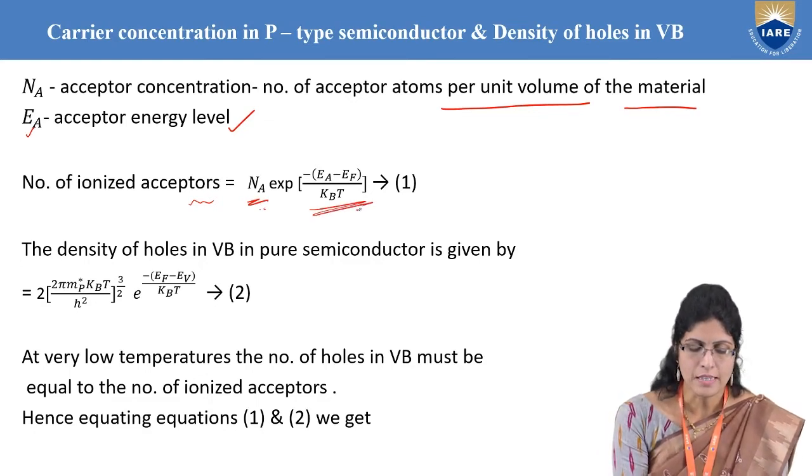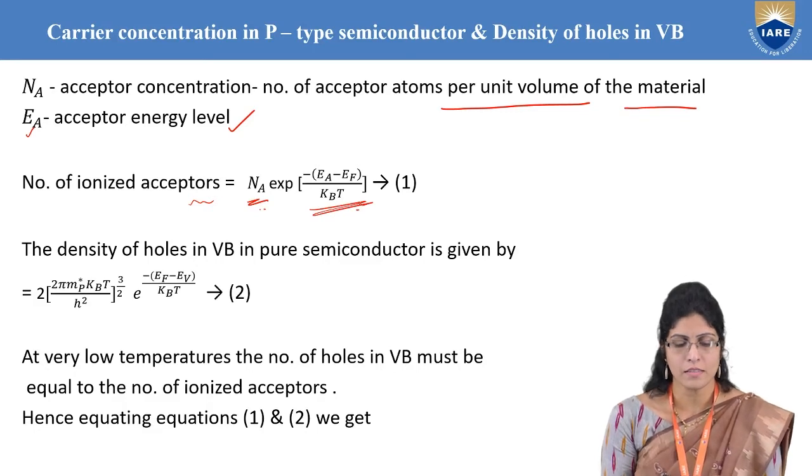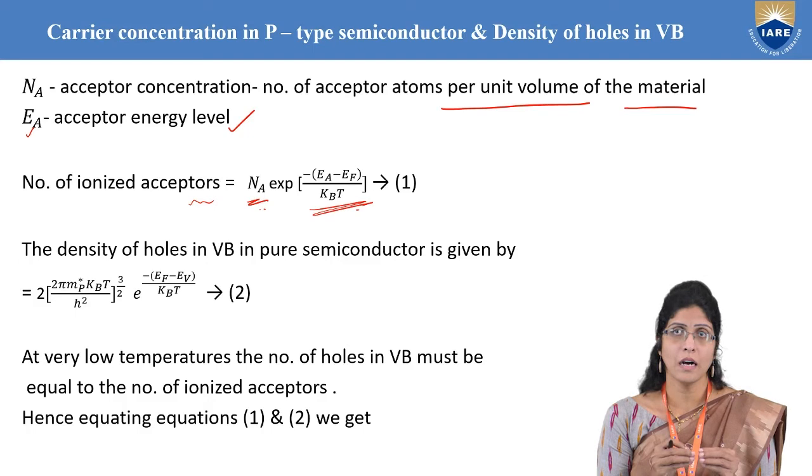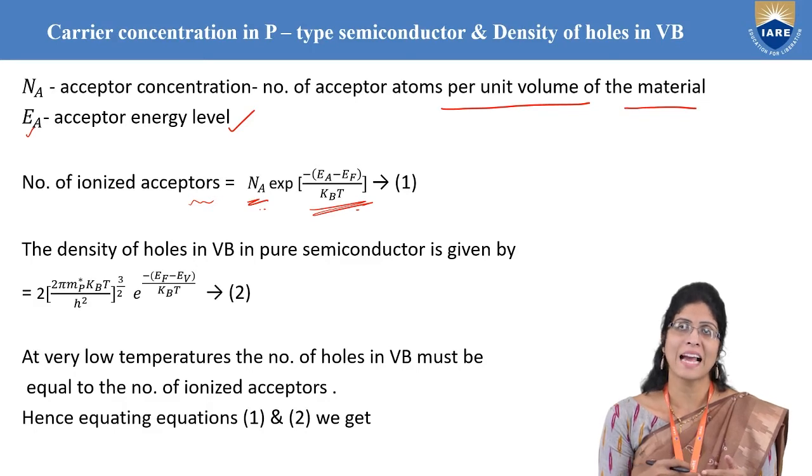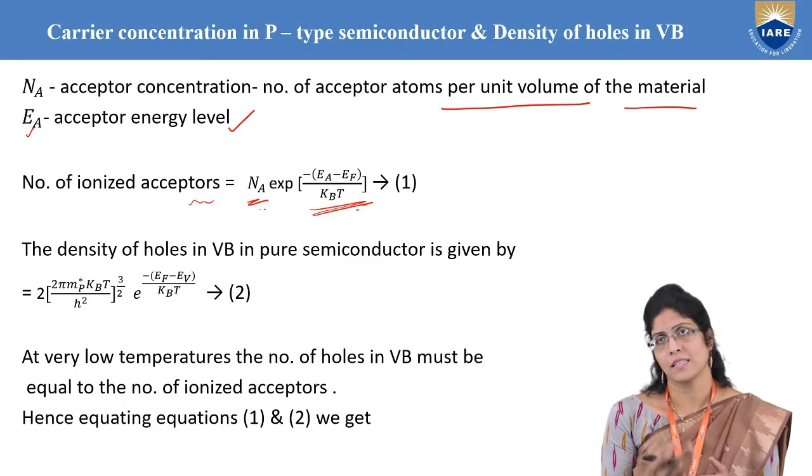And for these levels, the probability for ionization to take place also should be there. The probability for ionization, in the sense, is the probability for the electrons in the valence band to be accepted by the dopants.